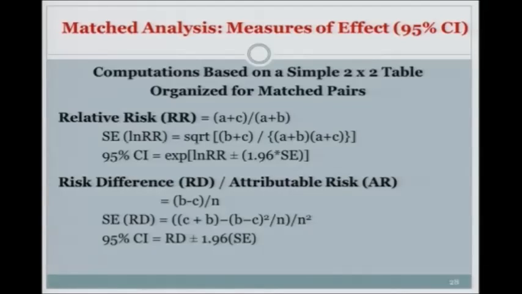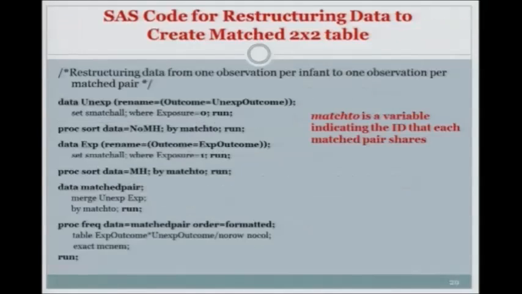Because if you're looking at the causal effect of a program, your exposure is before your outcome. As Pat said, you have to make sure of that in your design, in order to say that it's a causal effect of your program improving an outcome. So that's why we're calculating relative risk here instead of an odds ratio. And because we don't have a matched case control, it's not a case control study, we don't have to report an odds ratio, we can report a relative risk here. Does that make sense?